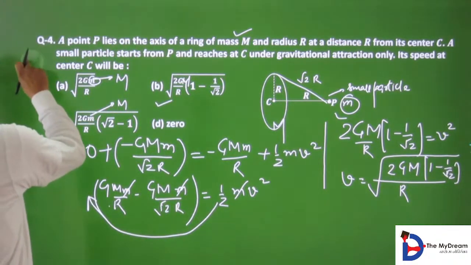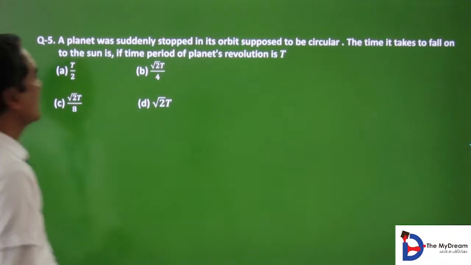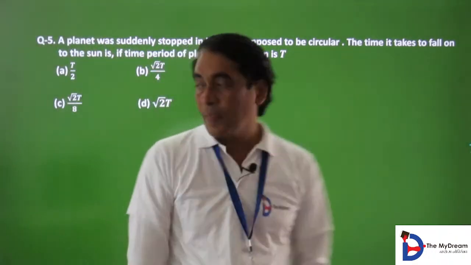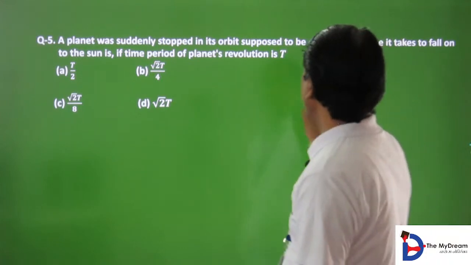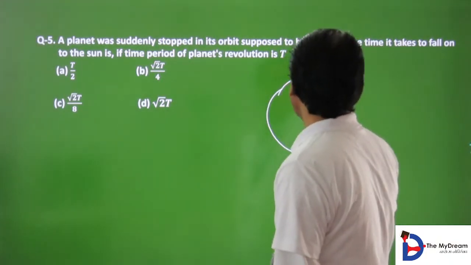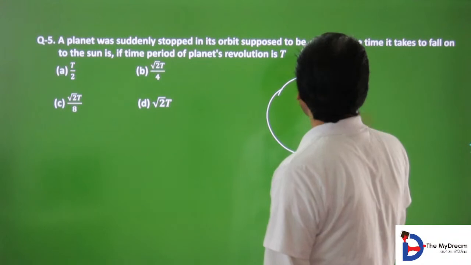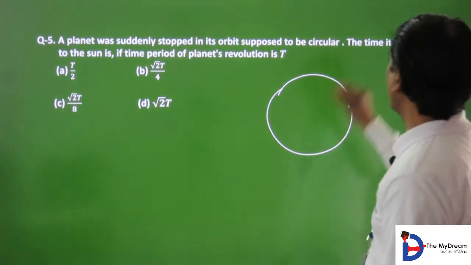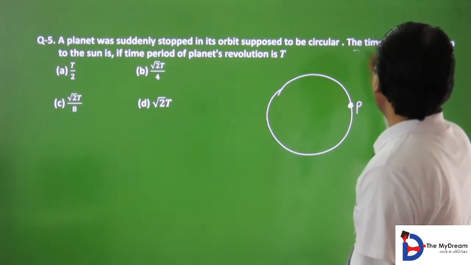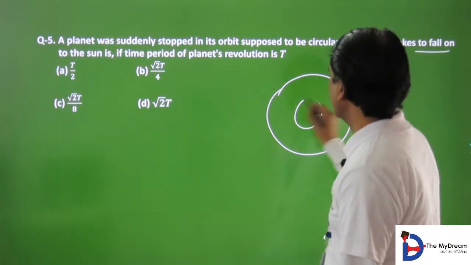Now a planet was suddenly stopped in its orbit, supposed to be circular. The time it takes to fall on the sun.